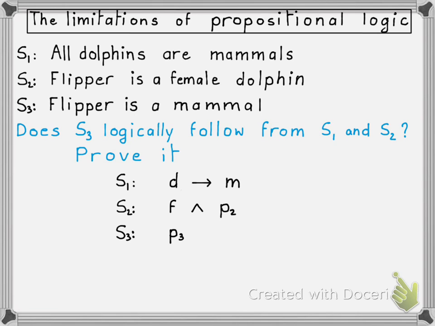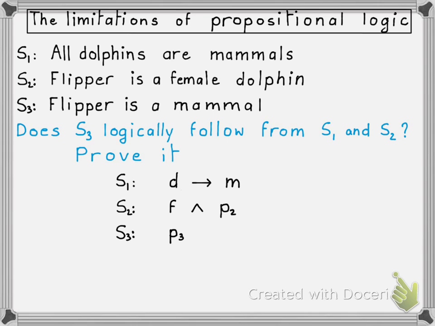Now that we formalized the argument into propositional logic, let's move to step 2, which is to prove its validity using truth tables for S1, S2, and S3. The first step in building the truth table is to determine the number of distinct atomic propositions involved so that we can compute the number of rows in the table.